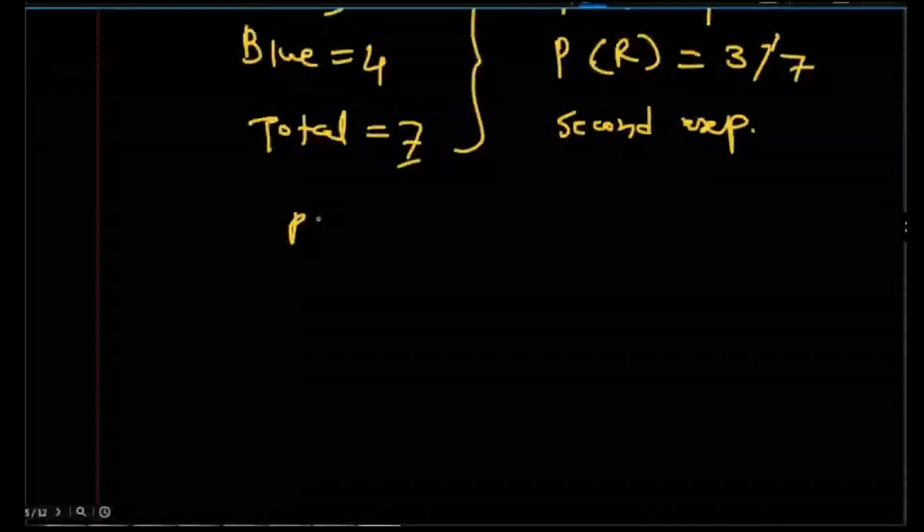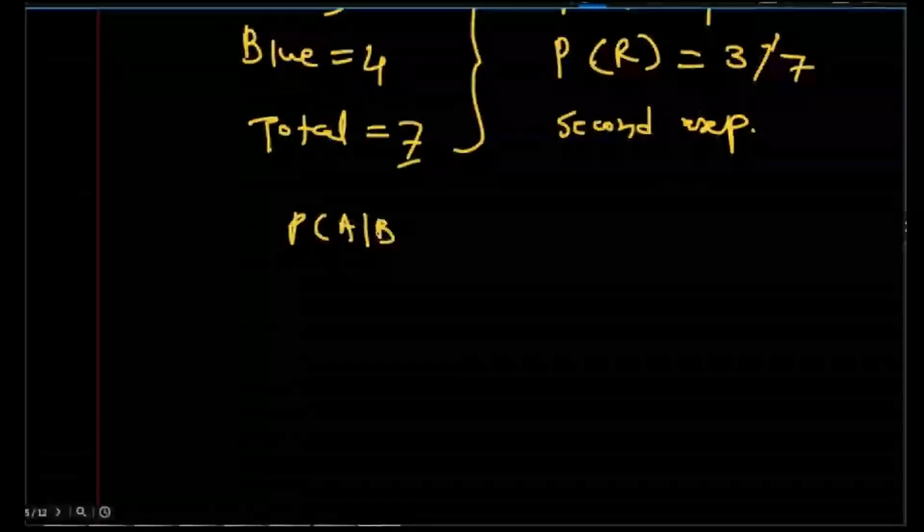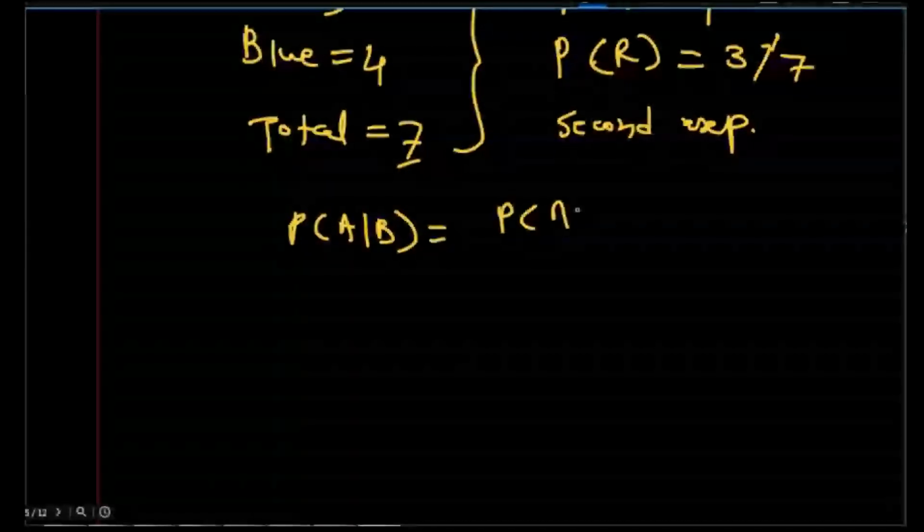Probability of A given B is equal to probability of A and B divided by probability of B. So we have to find out this A and B. So in the second experiment, what outcome do we expect? The outcome we expect is that the second marble is blue. So can you tell me the probability of A given B?